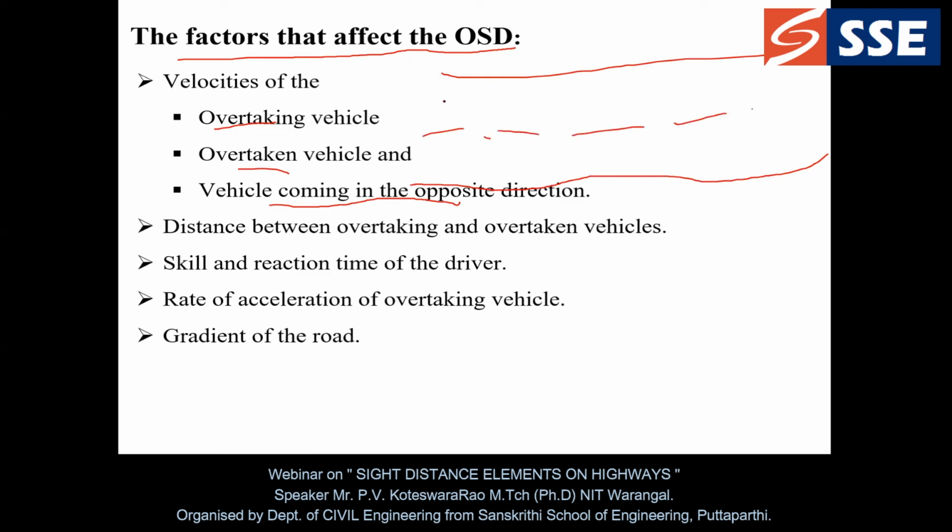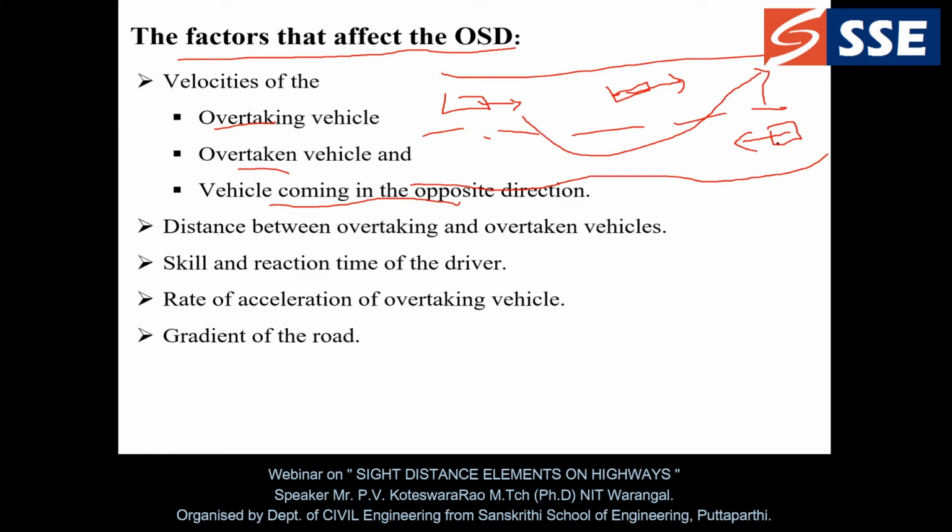I am moving in this direction, and another slow moving vehicle is moving in the same direction. Now in the opposite direction, another vehicle is coming. Please observe, it is traveling in the direction opposite to my vehicle.